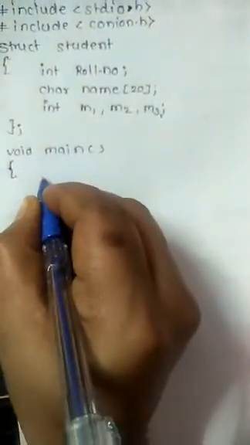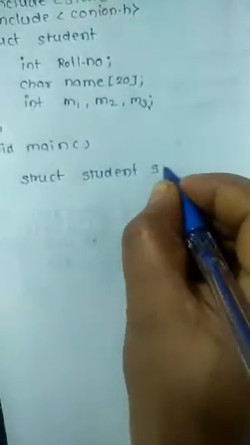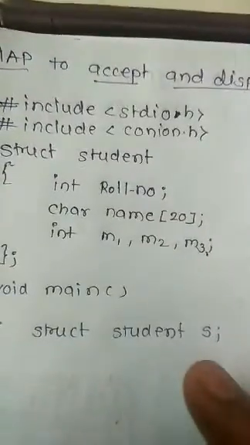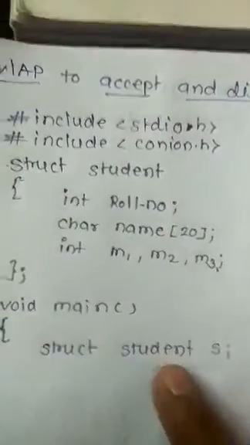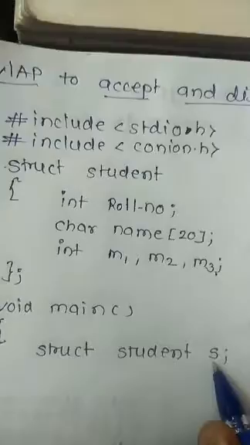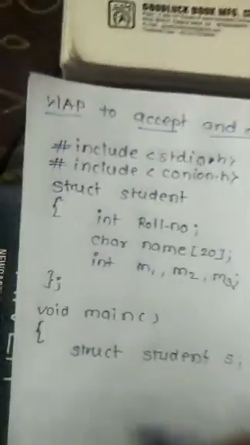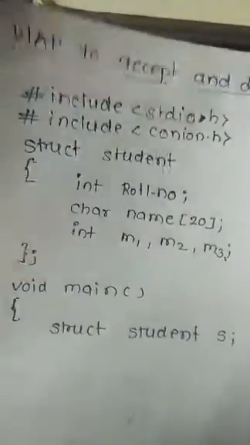So I declare a structure variable here: struct student S. This S is my structure variable, and the structure variable knows the structure members.